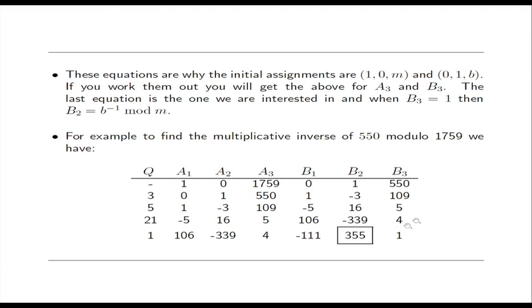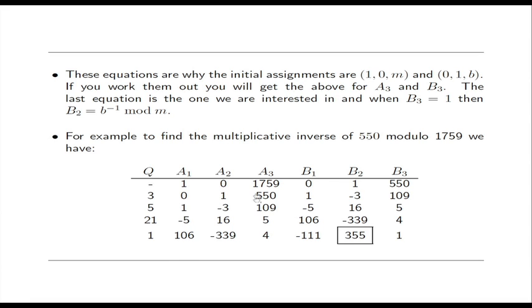This is the initialization step, and Q is A3 by B3 every time. So, Q is 3, and then we change these values using the temporary variables, calculating A1 minus Q B1, A2 minus Q B2, A3 minus Q B3, and that is replaced into B1, B2, B3.